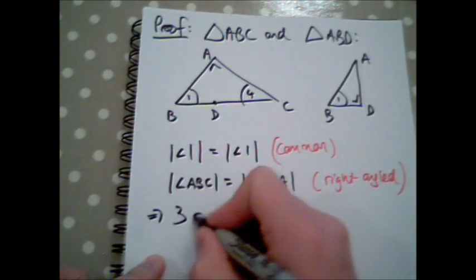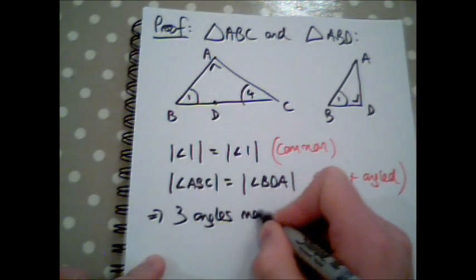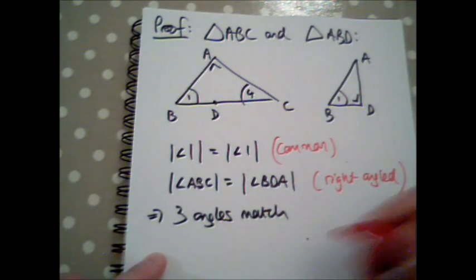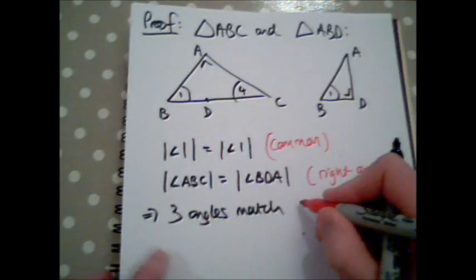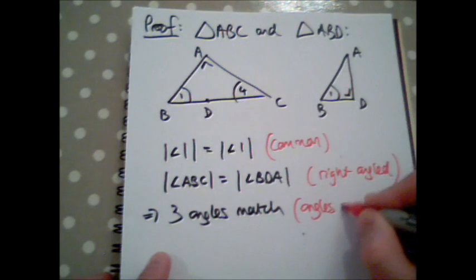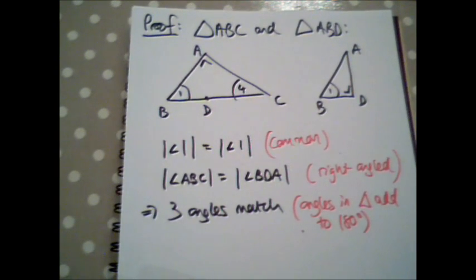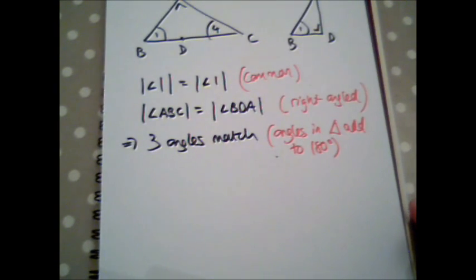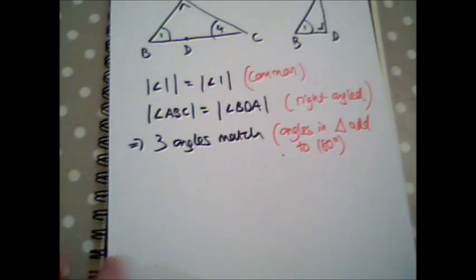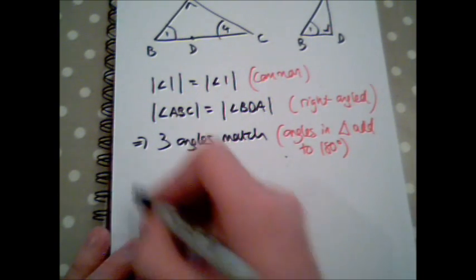Therefore, the three angles match because the angles in the triangle add to 180. So you can't have two matching and the other one not matching, since the three of them add up to 180. So the three angles match, so the triangles are similar.